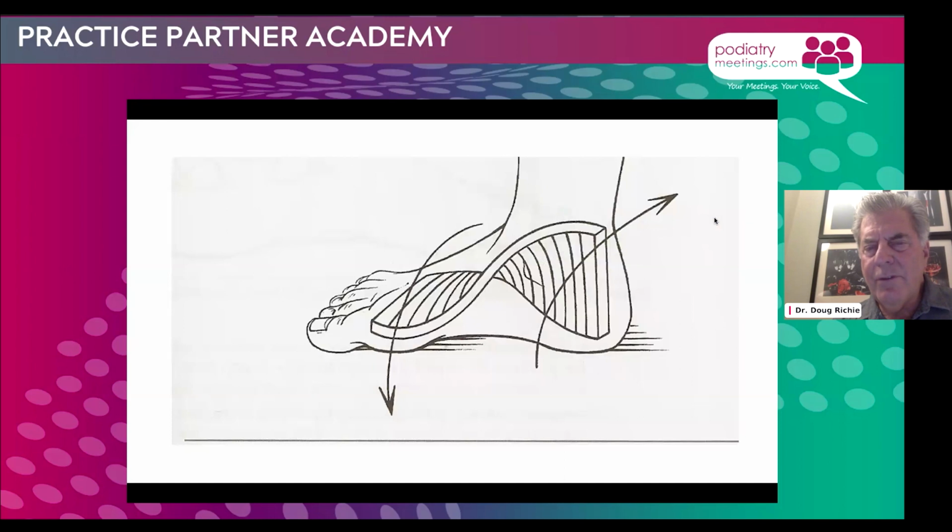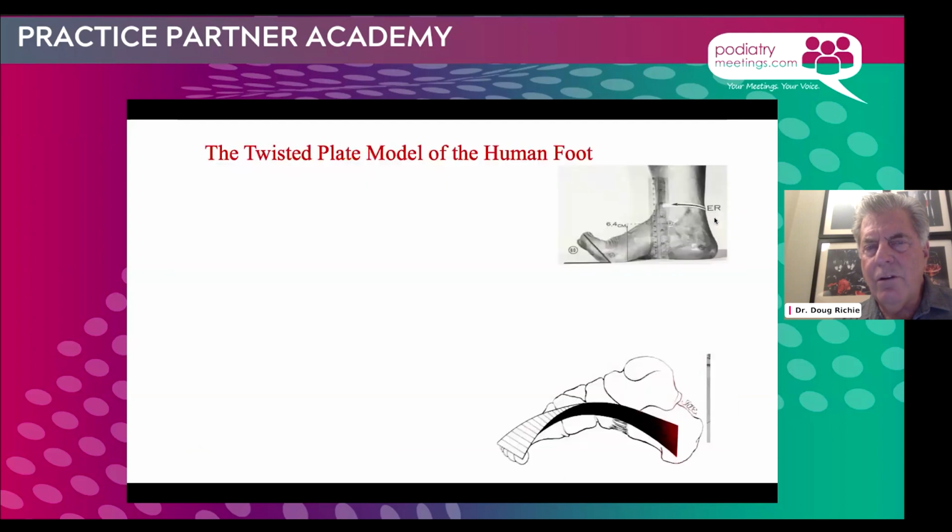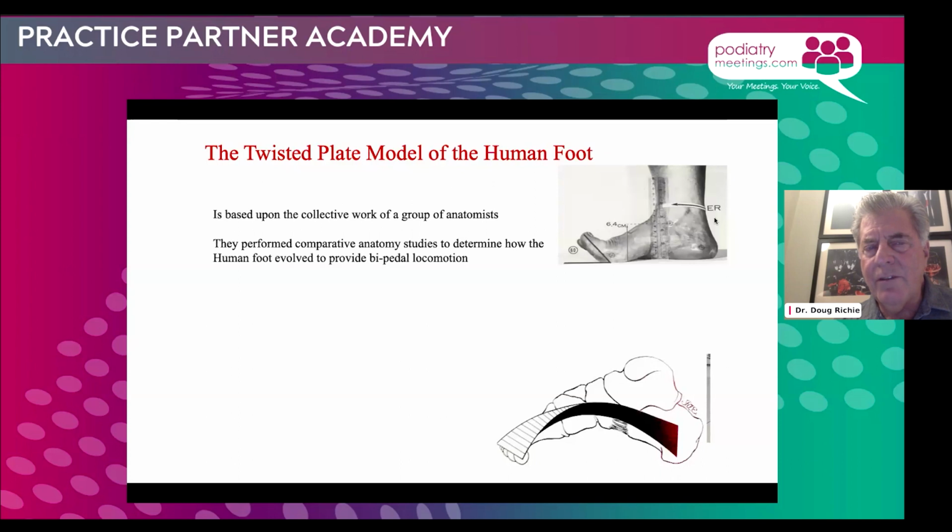So this perception of it as behaving from an engineering principle like a twisted plate was really coined by a group of anatomists, and I'm going to go through the history of this in a moment. And they really looked at the comparative anatomy of other species to learn how the human foot evolved to provide bipedal locomotion.